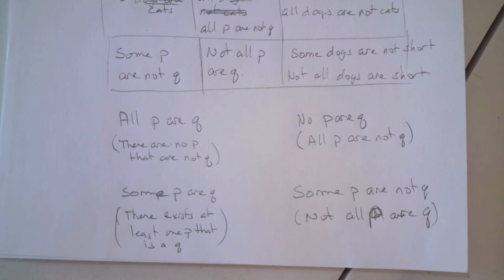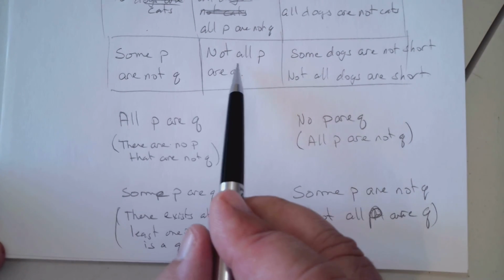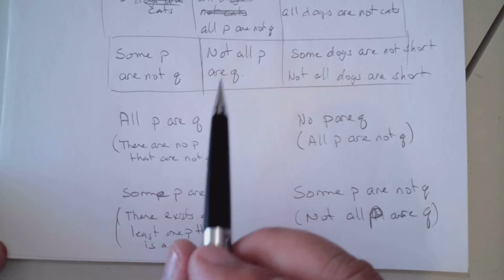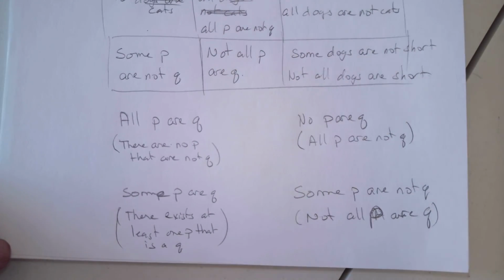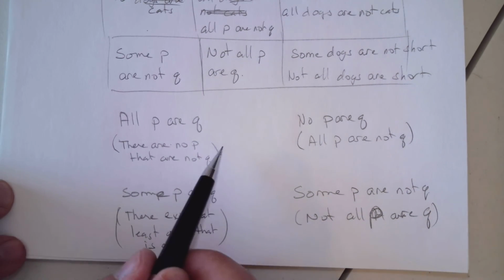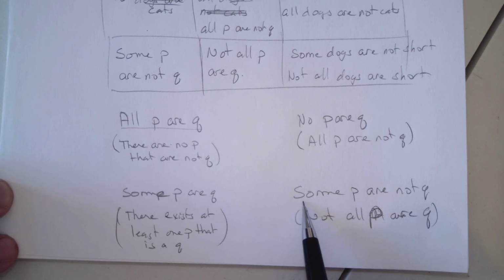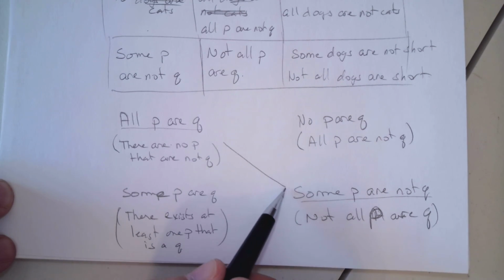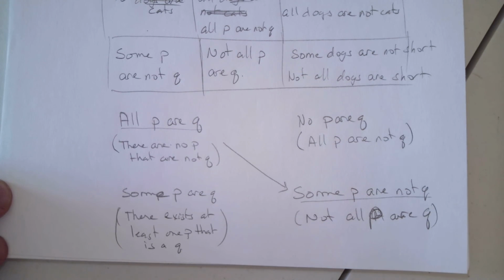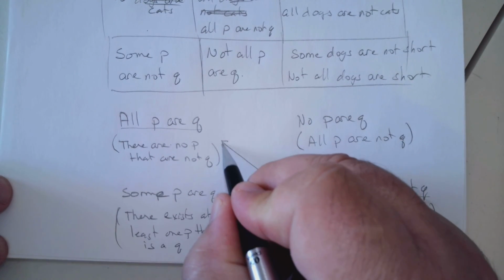Now, what does this table represent here? The negations of them. The earlier ones were equivalent statements, but these are the negations, the opposites. The negation of all P are Q is some P are not Q. Those are negations of each other.